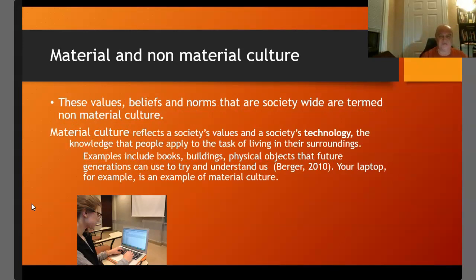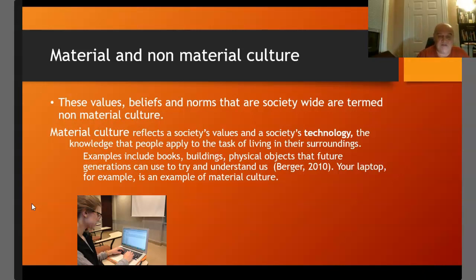There's also an aspect of culture we need to consider. Values, beliefs, and norms that are society-wide are termed non-material culture. In other words, they're ideas. Material culture, however, reflects a society's values in technology made physical.